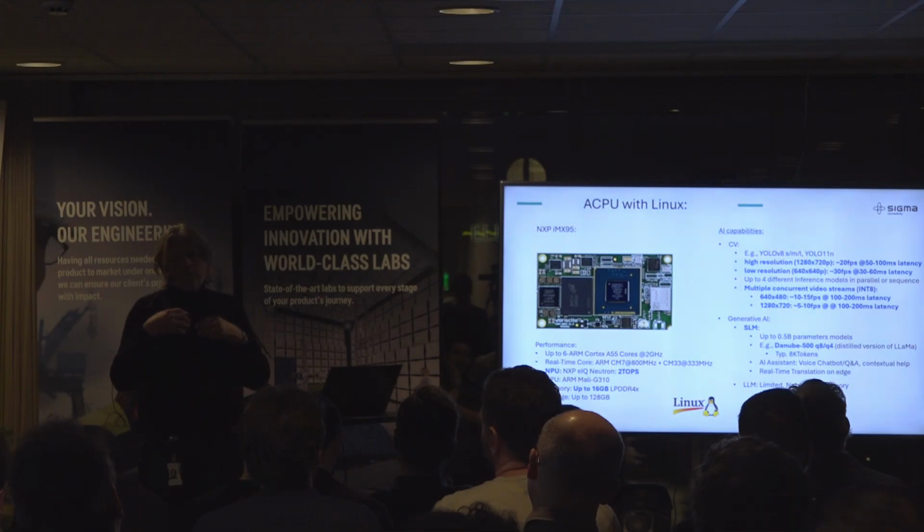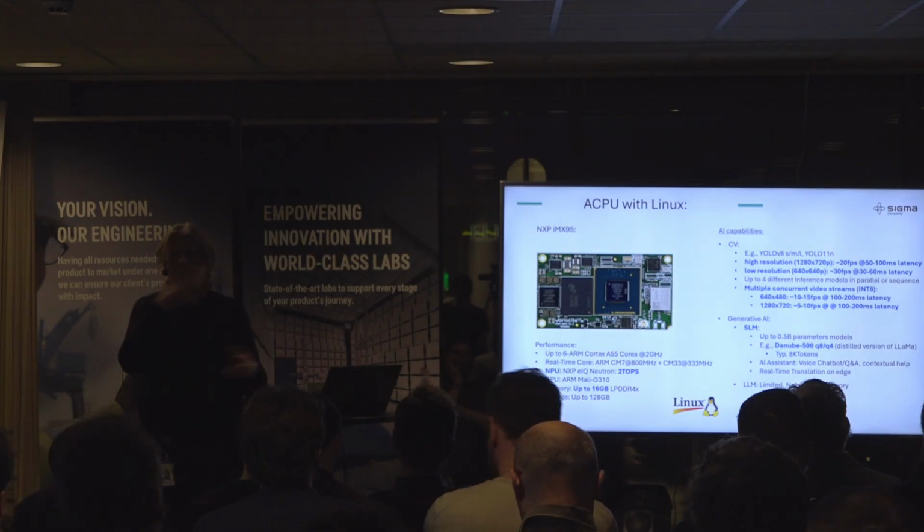And also, if you're running a lot of stuff on this platform, so that you're overloaded with all the other stuff. You have Linux running, you have applications running, you might have the computer vision running, and then also you would like to have this small language model running something. So then 2 TOPS is not that much.